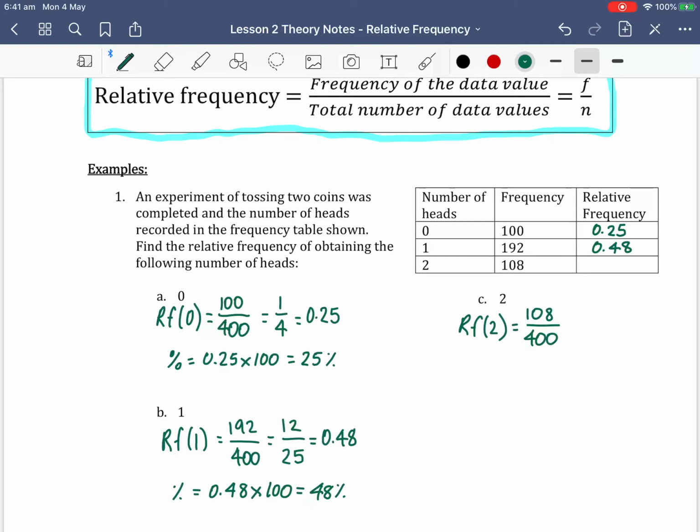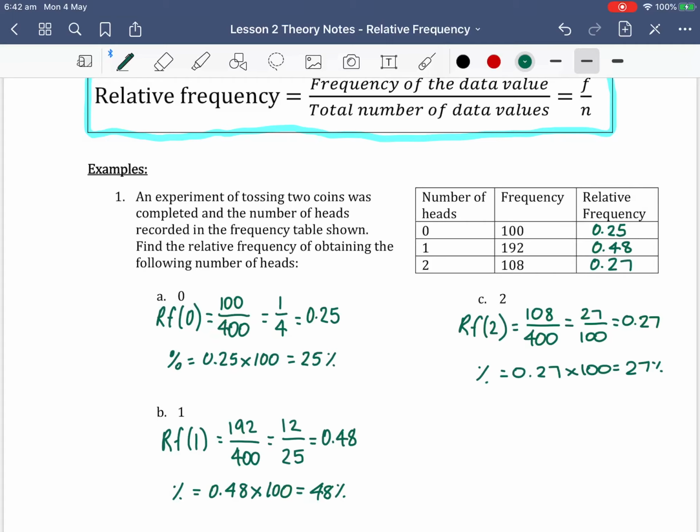So when we put that into our calculator, we get 27 over 100. So as a decimal, that is 0.27. So as a percentage, that is 0.27 times 100, which equals 27%. So the relative frequency of getting 2 is 0.27.